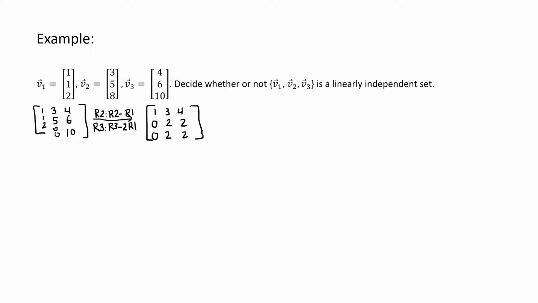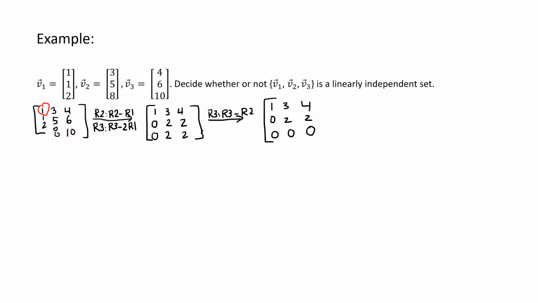Okay, so we produce this matrix by clearing out all of the values below our first pivot. And now if we replace row 3 with row 3 minus row 2, we see that we are going to have a column that lacks a pivot.